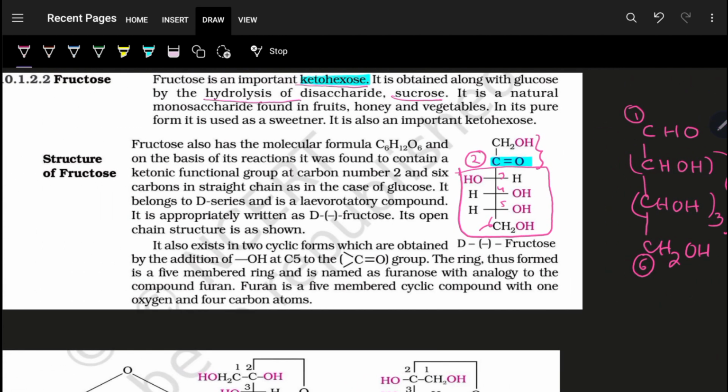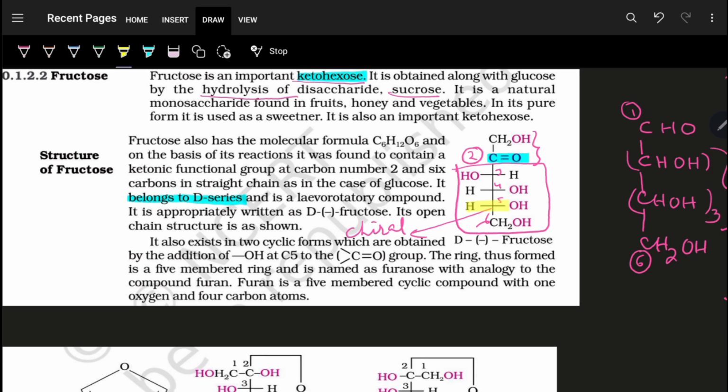And remember that this fructose is again a compound that belongs to the D series. Why is it D series? Because the lowest asymmetric carbon, or the last chiral carbon, that is C5, has a configuration similar to that of D plus glyceraldehyde with the OH group on the right hand side.